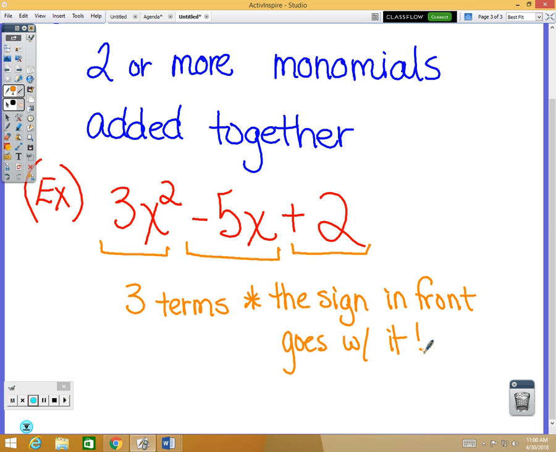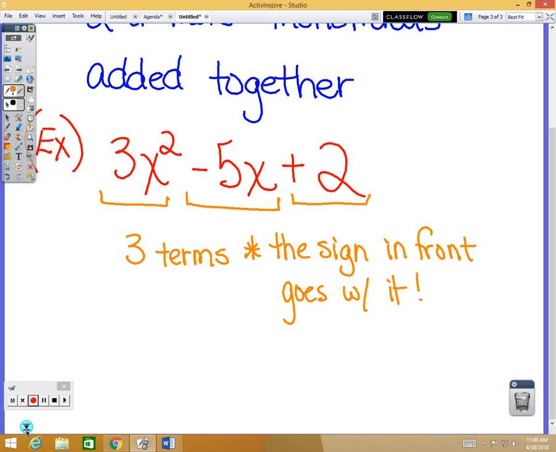Now that we know that this is called a polynomial and that each one of these terms is called a monomial, since we have 3 of them, what type of polynomial do you think it is? Okay, good thinking. So you know that a polygon has more than 3 sides, really, right? And a triangle is a type of polygon.